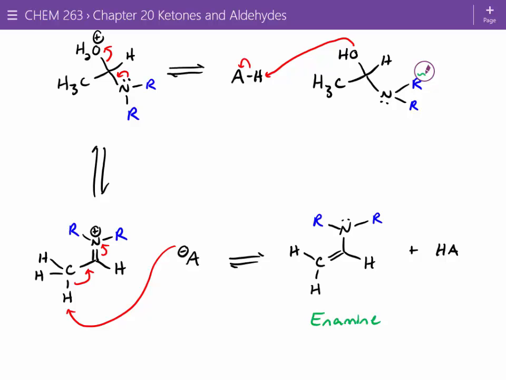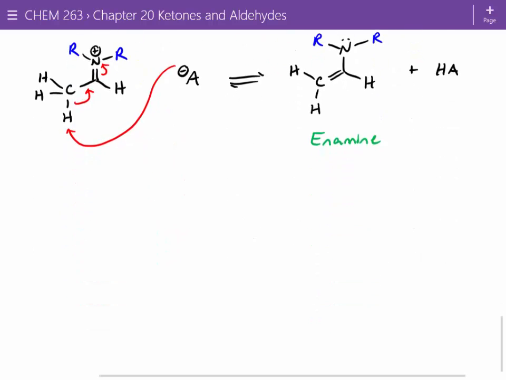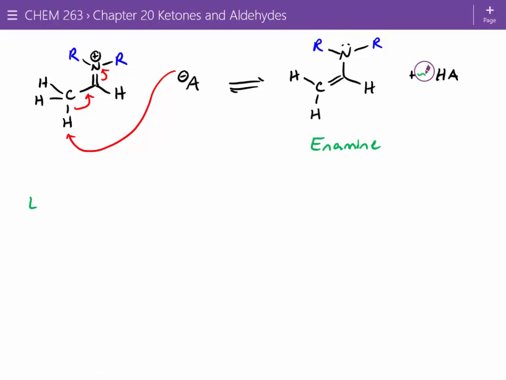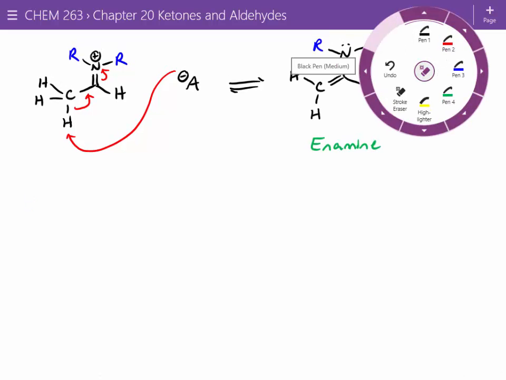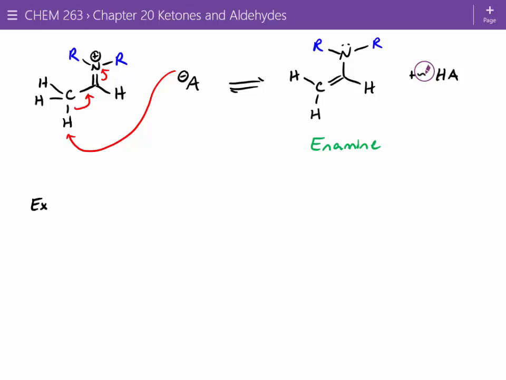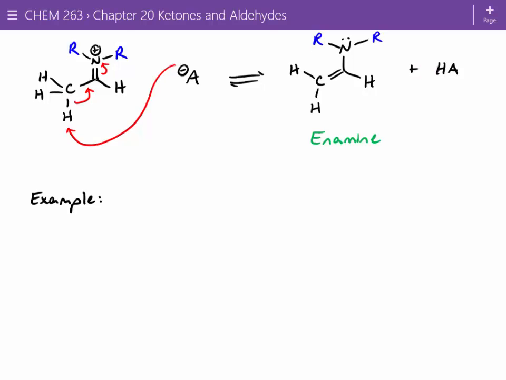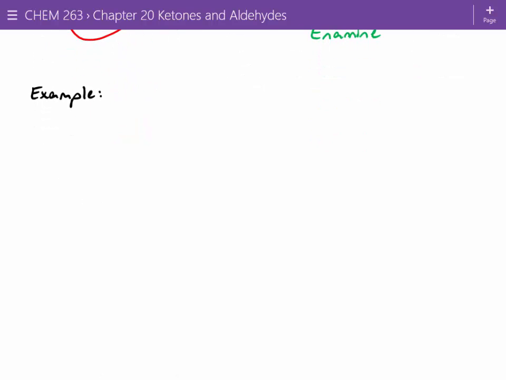Okay, so we'll do an example of this. I like this example. What's this starting material called? You could call it diethyl ketone.